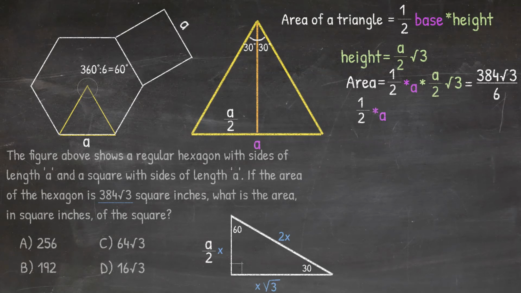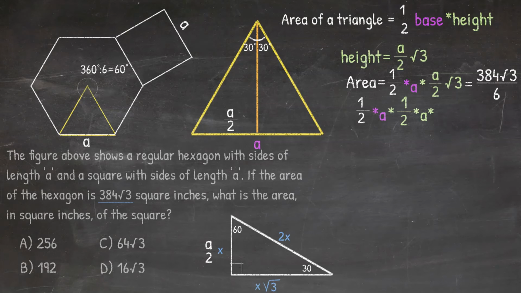Now let's break down a over 2 into 1/2 times a, because it is the equivalent of a over 2. The reason we want to do this is that we want to isolate the unknown a so we can calculate what it equals. Then we could use this length a to calculate the area of the square, which is what the problem asks us to do. So let's continue.